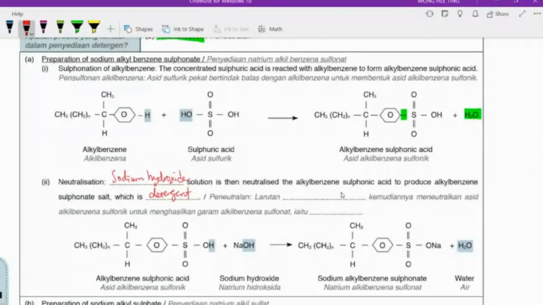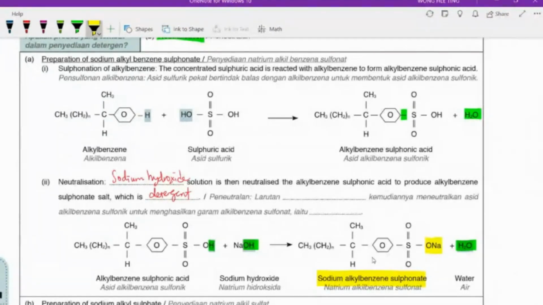You see here, this sulfonic acid H with the sodium hydroxide forms the water also. Then here, this SOO and here. So this one is a detergent, sodium alkyl benzene sulfonate.